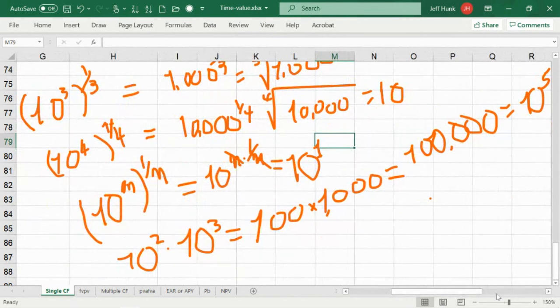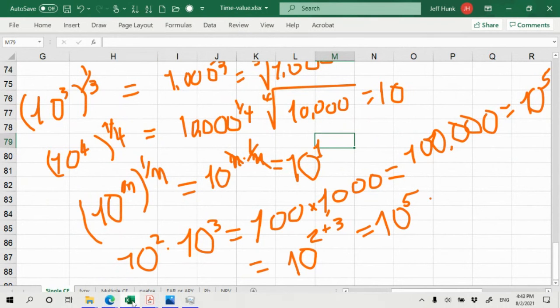When we are dealing with something with the same base, and you add the exponents, that's exactly 10 to the 5th, right?